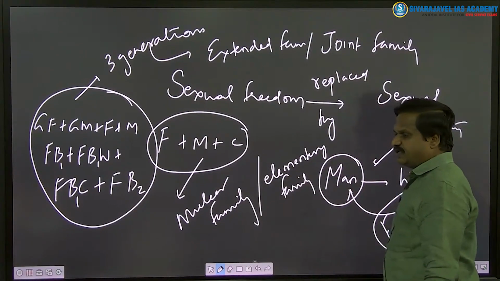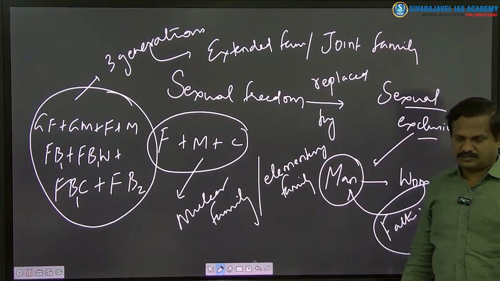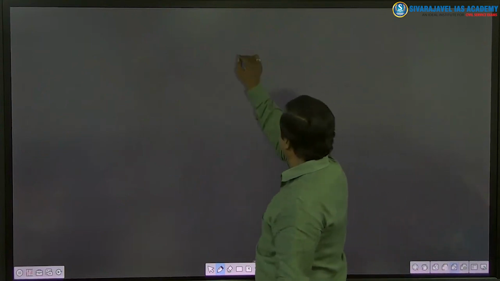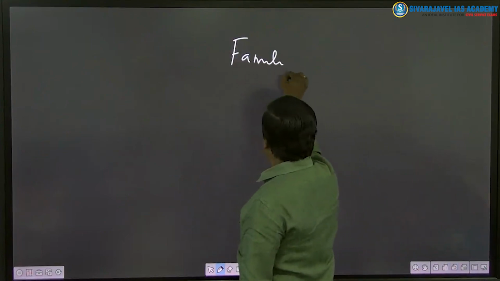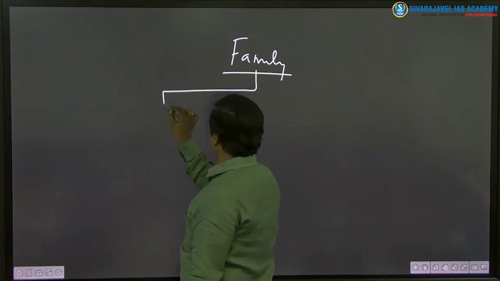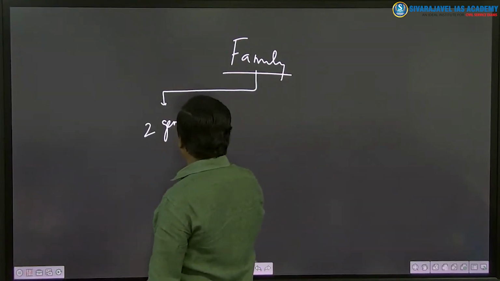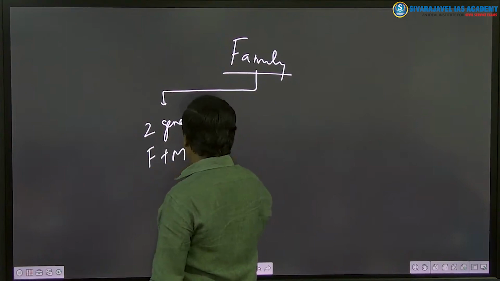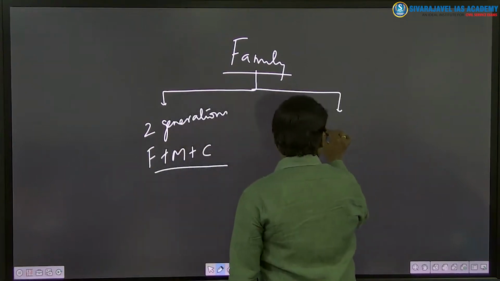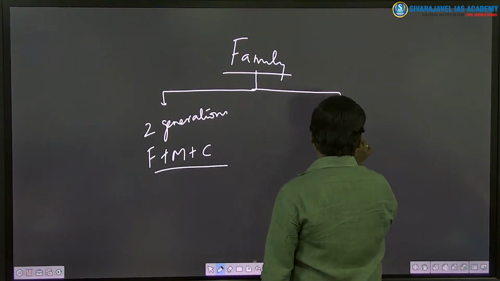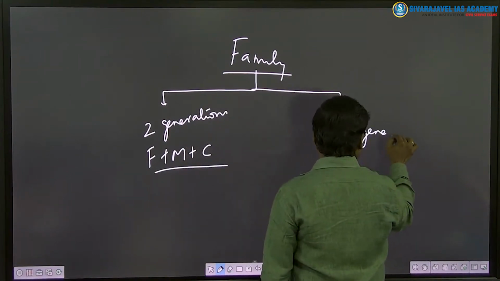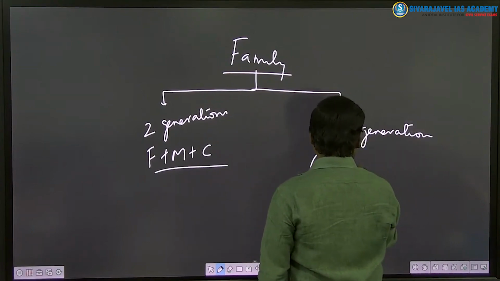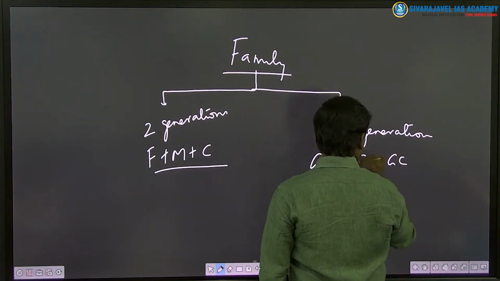So we can classify family broadly into 2 types. One has only 2 generations: father, mother, unmarried children. The other has a minimum of 3 generations: grandparents, parents, grandchildren.